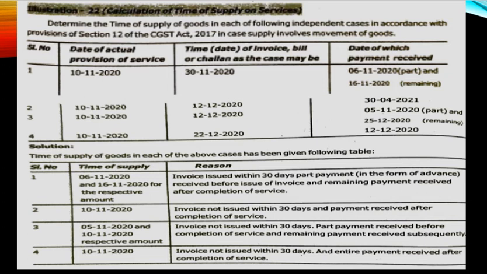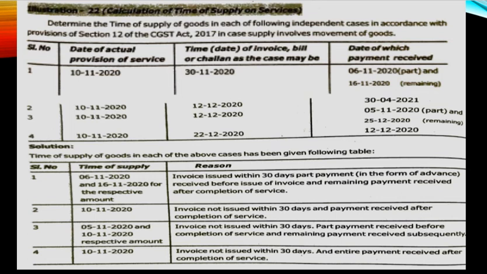Again, as it is not within 30 days, you will be taking the second condition, the date on which the provision of services was rendered and the date on which the payment was received. The service was rendered on 10th November 2020 and the remaining payment was made on 25th December 2020. Which is earlier? The date of actual provision of services, that is 10th November 2020.